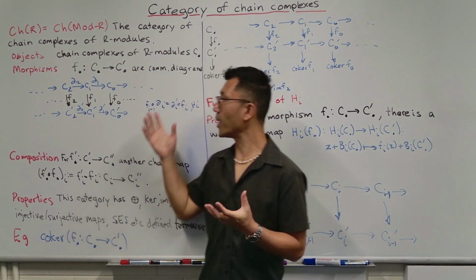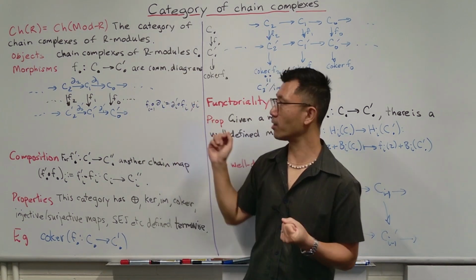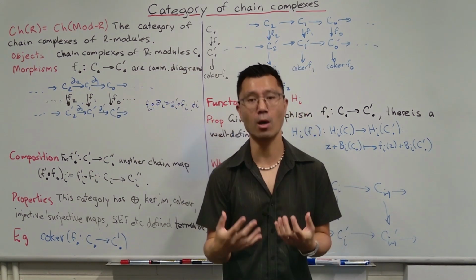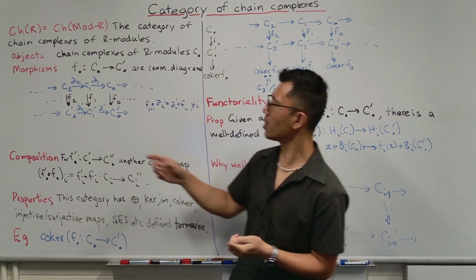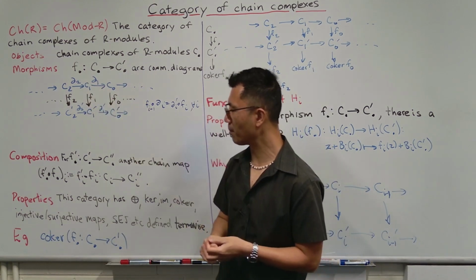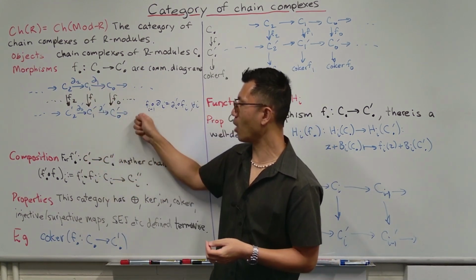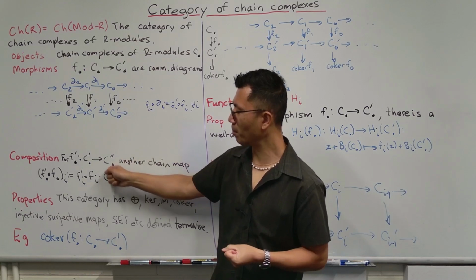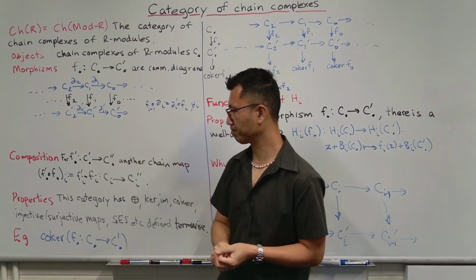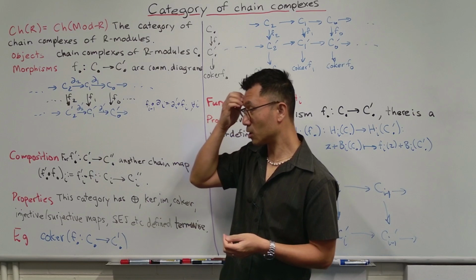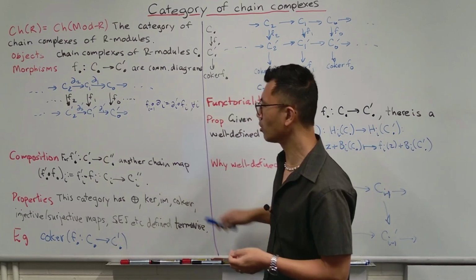The next thing that we need to have the data for a category is not just morphisms, but how do you compose morphisms? So suppose now you have not just this morphism here, but another morphism from C prime to a third chain complex, C double prime. What do we need to do here? Let me perhaps write a little bit of one out.